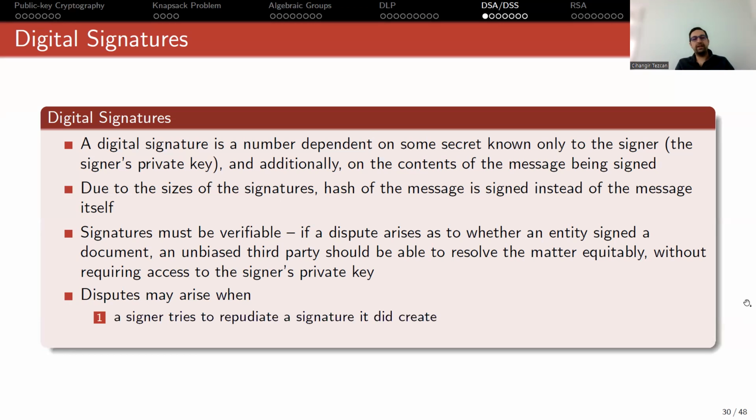Disputes may arise when a signer tries to repudiate a signature it did create. So you send a transaction in Bitcoin and claim that it wasn't you. But people will check the signature and they will say that no, this signature belongs to you. Or when a forger makes a fraudulent claim, again, everybody can use the public key to verify if it is valid or not.